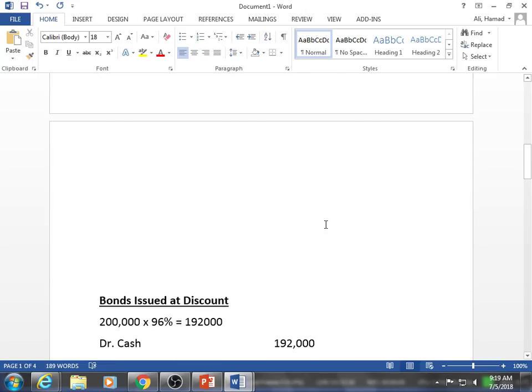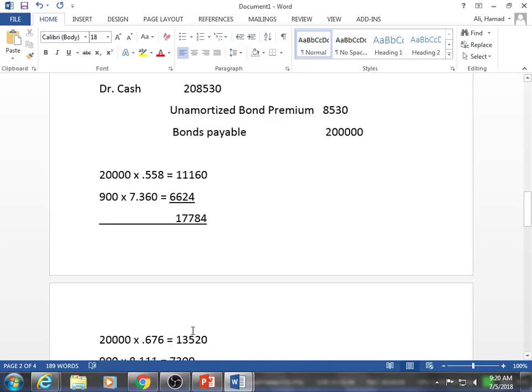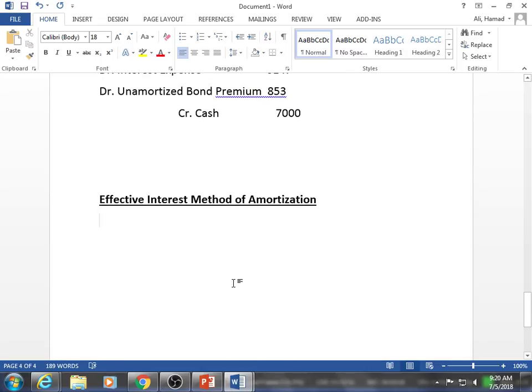It was 192,000. So the interest expense is equal to the carrying value, or the cash value of the bond, times, guess which interest?